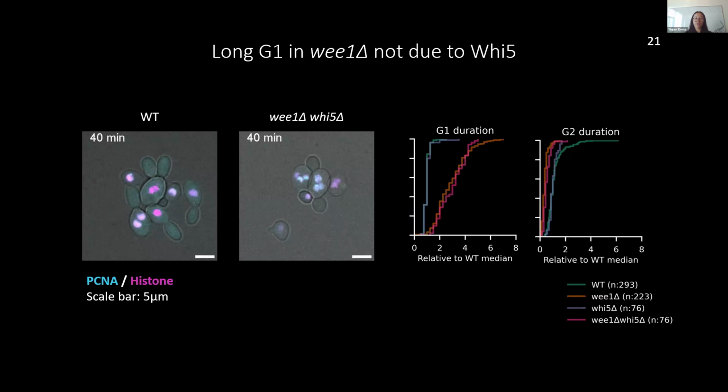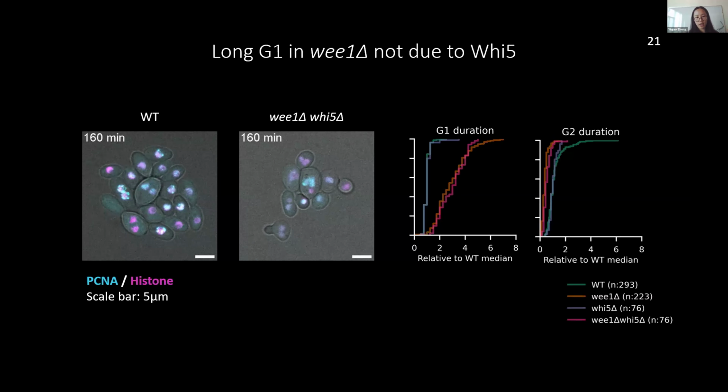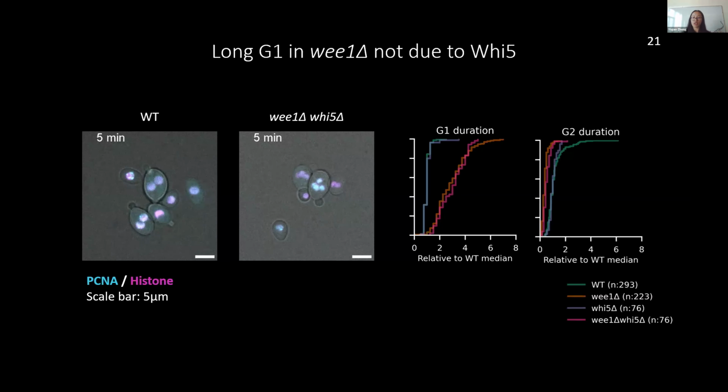So is it possible that when given longer time, the V5 function will be more important? Here is the comparison of the budding behavior in wild-type cells versus the V1, V5 double delete. PCN1, which marks replication or S phase, is in cyan, and histone is in magenta.